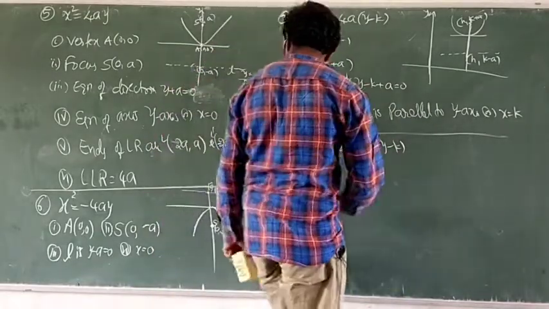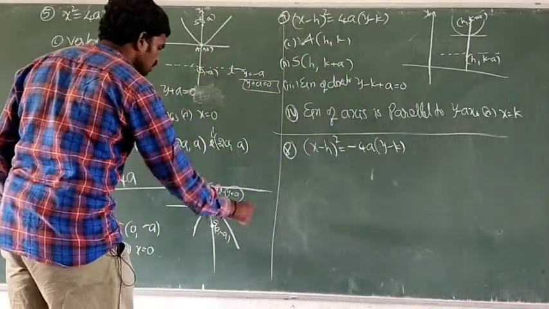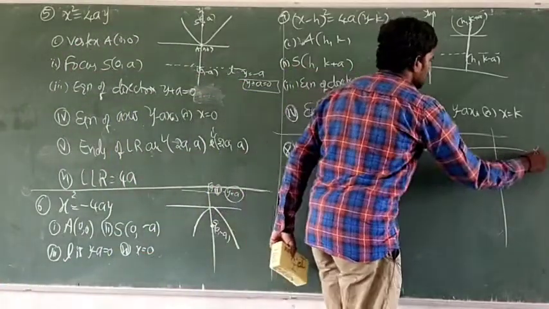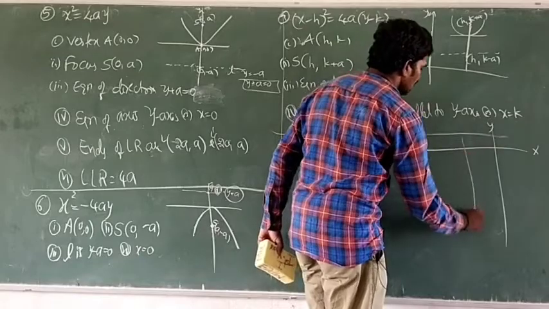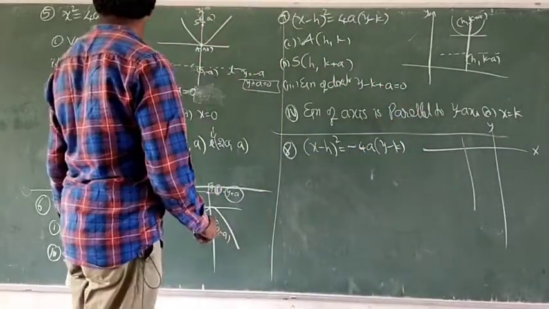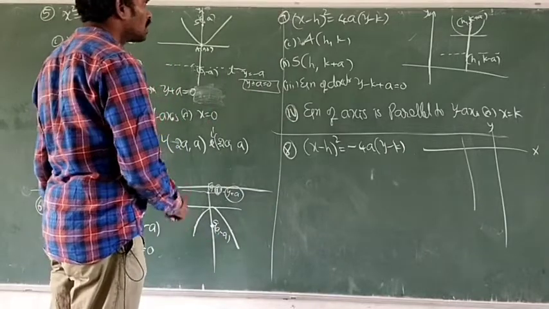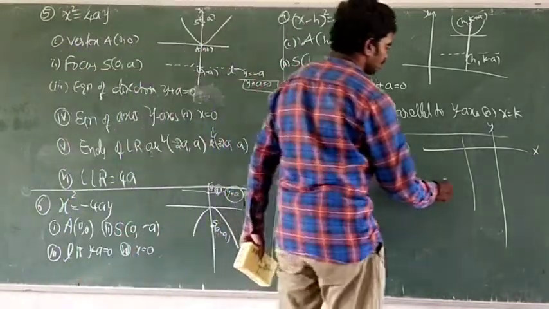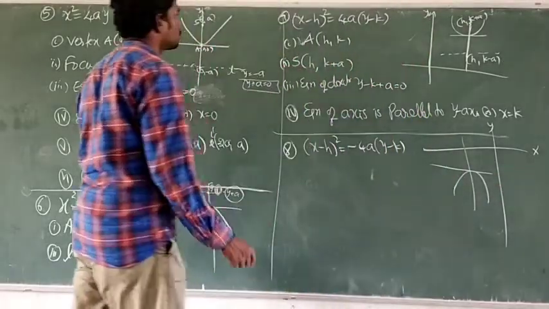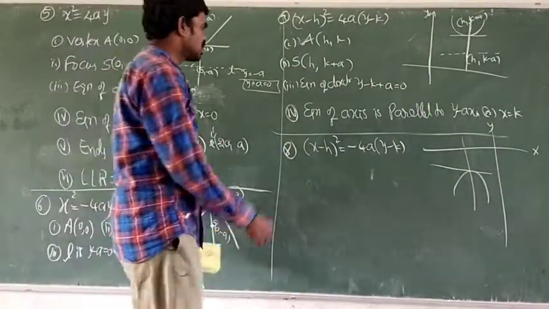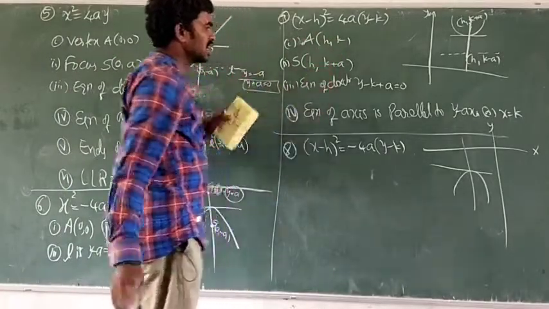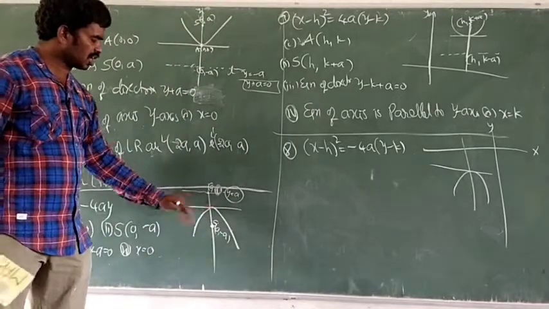At this time also it is the same, with the x-axis and y-axis, downward. So the same formulas, quite opposite to this; we can write, or for this add h comma k.